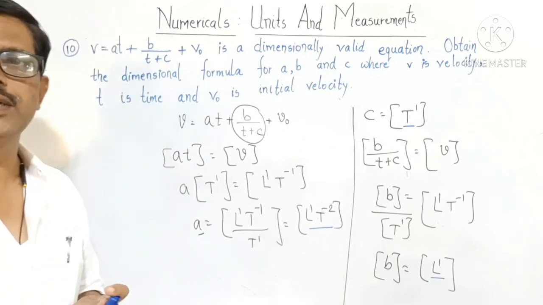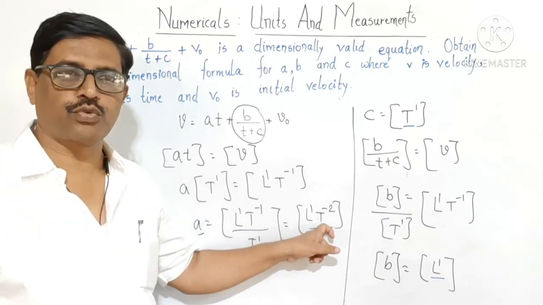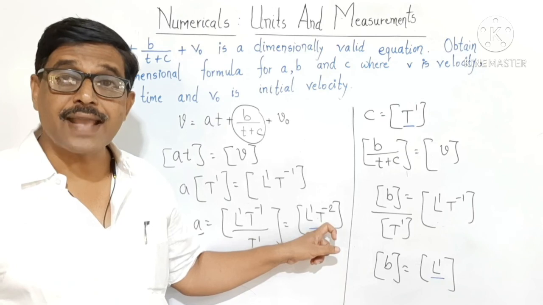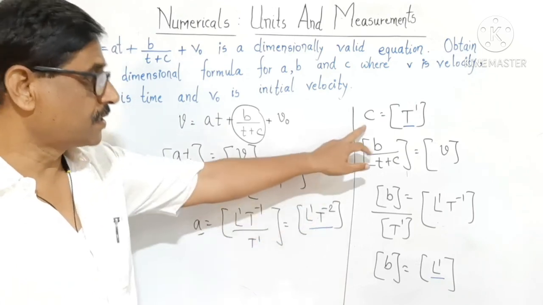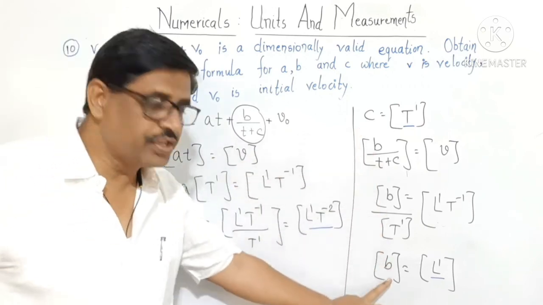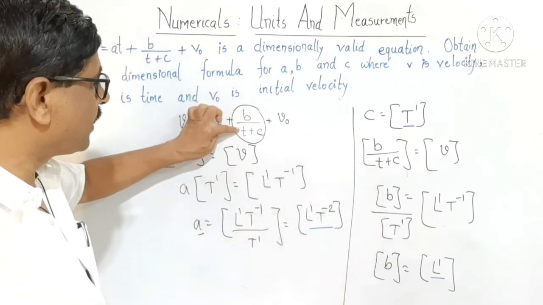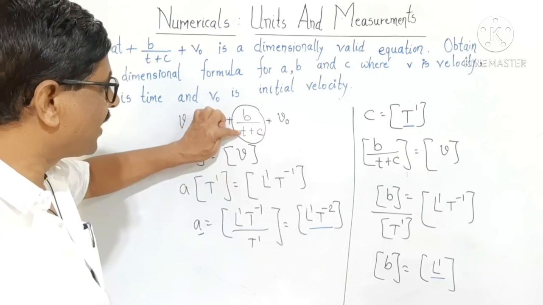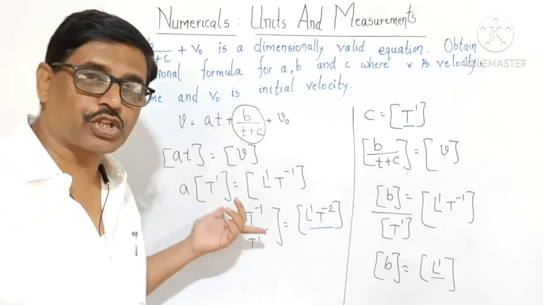What you will get here, that A is L1T minus 2. It means that it is acceleration. A is acceleration. C is the time and B is the length quantity. Here B divided by time means length divided by time. Meter divided by second. Meter per second, again a velocity.